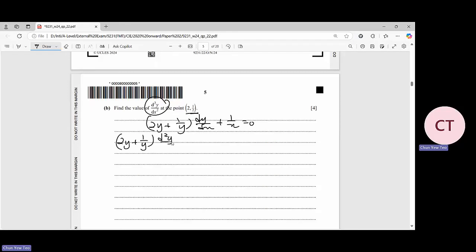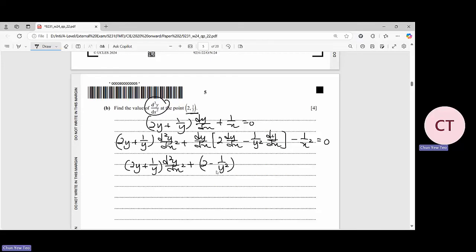You will have d squared y over dx squared, plus keep the right, differentiate the left. You get 2 dy/dx minus 1 over y squared dy/dx, minus the negative 1 over x squared, equal to 0. We can simplify this before we substitute the values into the differential equation. We get 2 minus 1 over y squared, all times dy/dx squared, equals 1 over x squared.